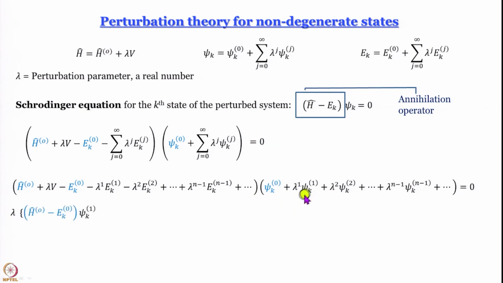On the right hand side I cannot take the second order correction, right, because lambda square is there. The highest order correction that is required is first; psi k first is multiplied by lambda, and that has to be operated upon by h hat 0 minus Ek 0th, alright. So, this is the first term that I get in the coefficient for lambda.